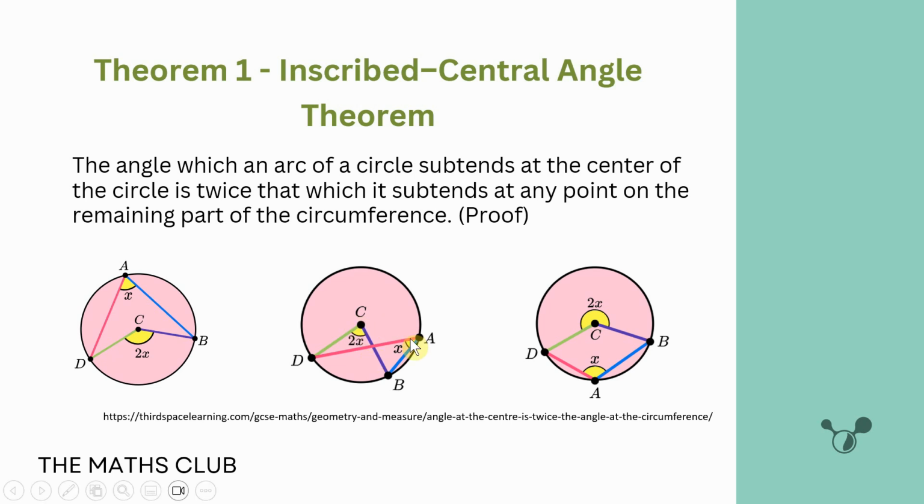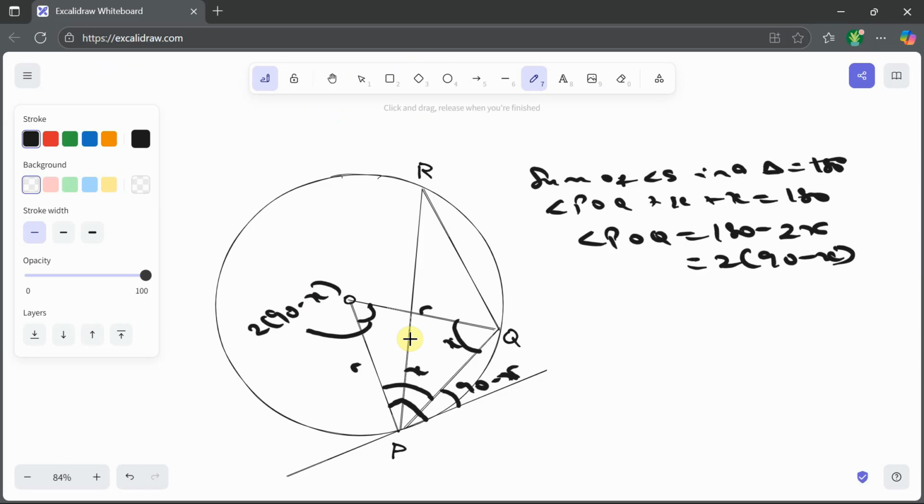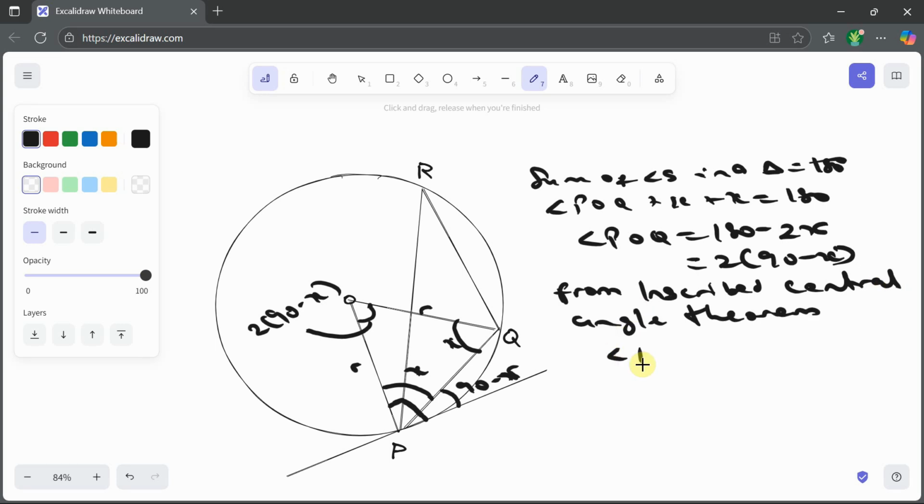So if you take it back to what we have, that means from the inscribed central angle theorem, angle POQ is equal to 2 times angle PRQ.